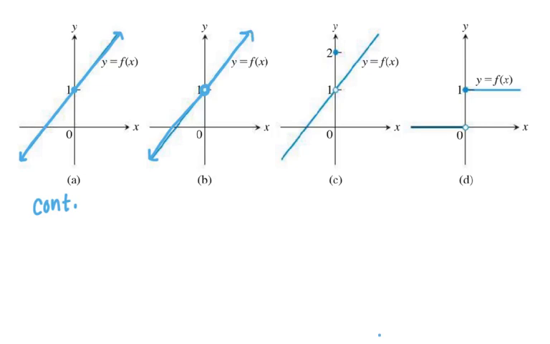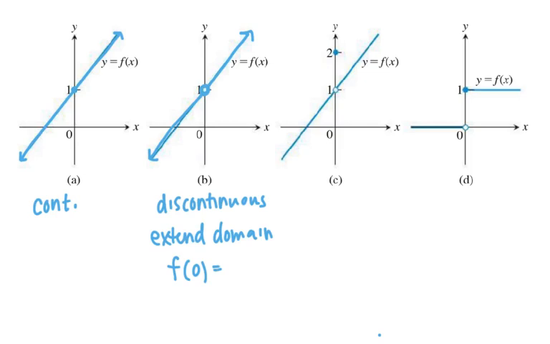Graph B is discontinuous, but we could plug that hole up and make it continuous, right? We could extend the domain so that it would include f of 0 equals 1. Right now, the domain for this function is all real numbers except x equals 0. And in this situation, we could plug that up.